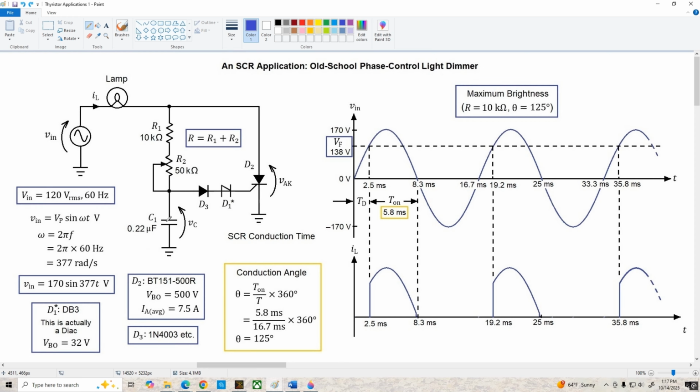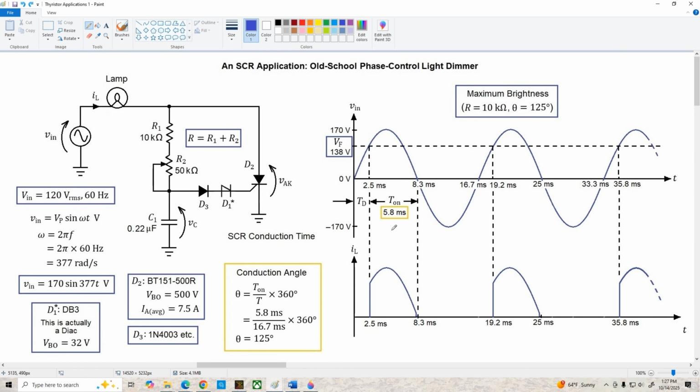If we just had a resistor here, we'd only be able to control the turn on within the first quarter cycle. That is somewhere between t equals 0 and the peak of the waveform, which would be what, 4.15 milliseconds or so.